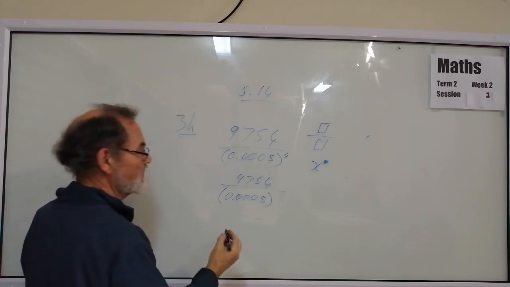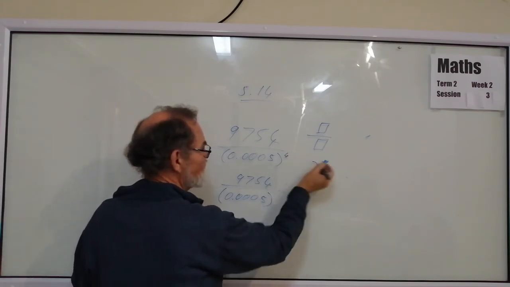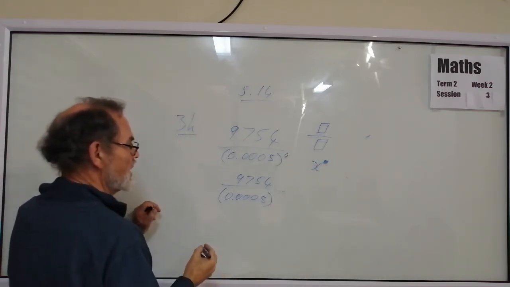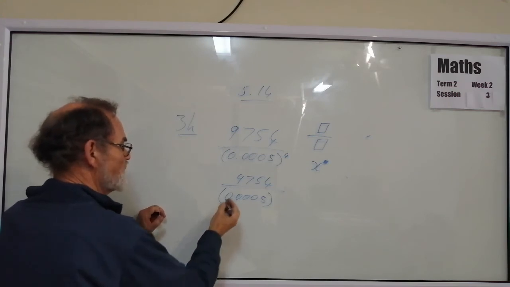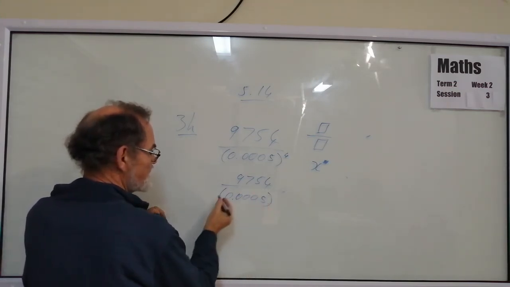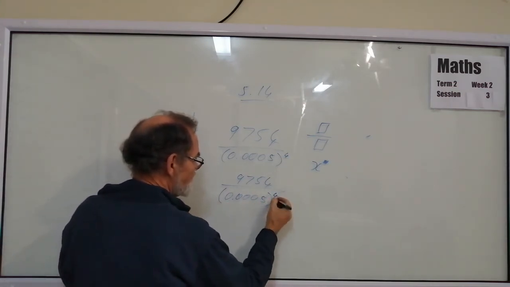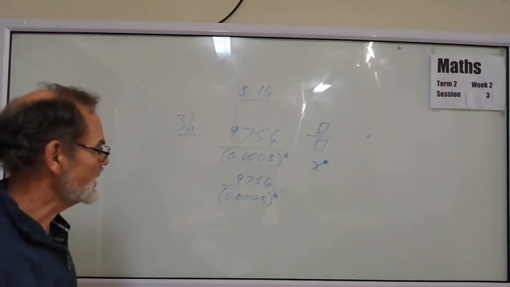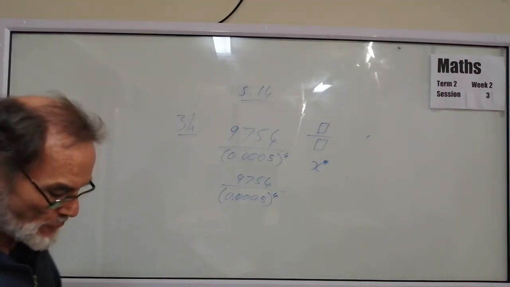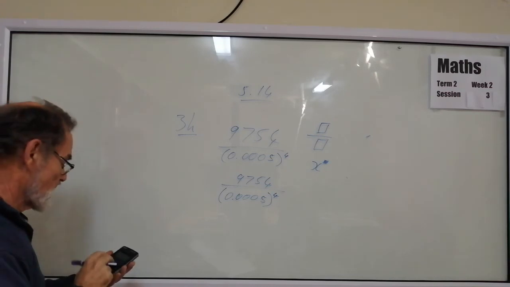If you press that, then it allows you to put this 4 in there. So when you press X, it sees this as X, and you put the 4 in there. Okay, and that should give you your answer.